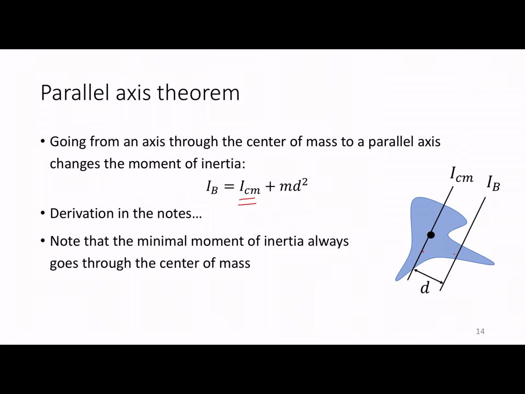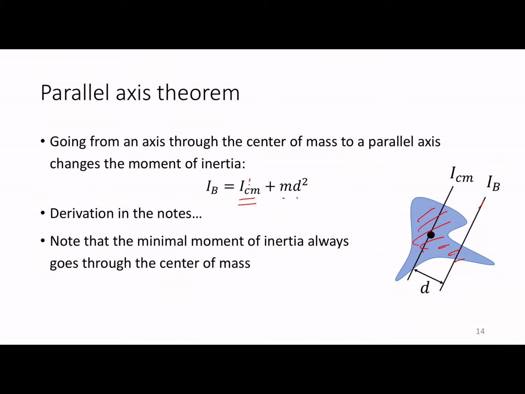What you can show, and what is shown in the notes, and I will actually do this after class as well, is that the moment of inertia at a distance d away from the center of mass is just the moment of inertia at the center of mass plus the mass of this funky shaped object times d squared, where d is the distance between them. Okay, so the moment of inertia through axis B, which is not through the center of mass, is equal to the moment of inertia through the center of mass plus md squared.